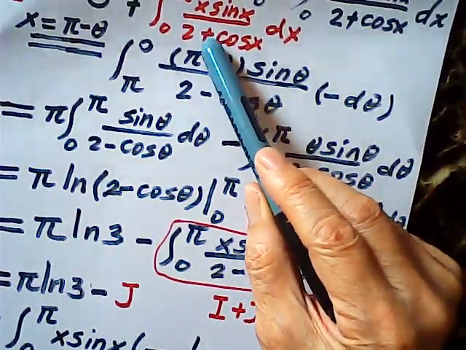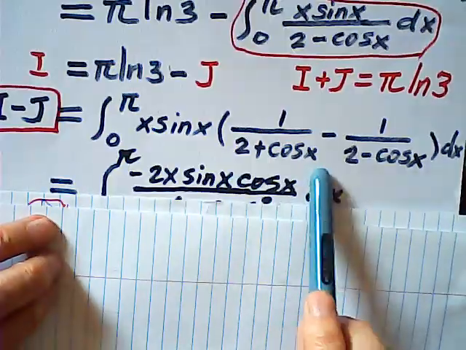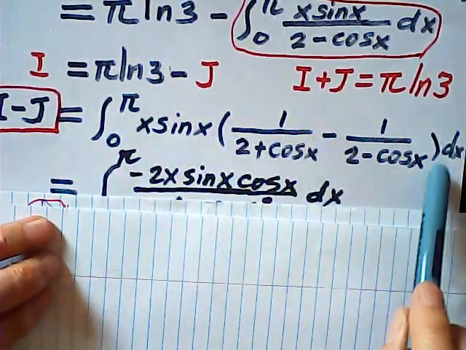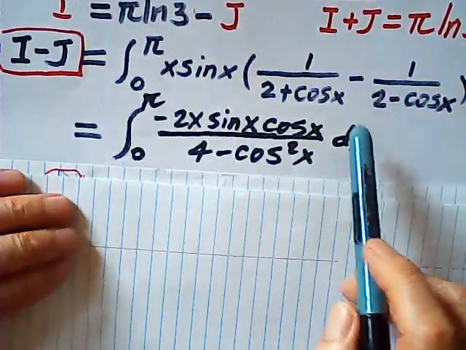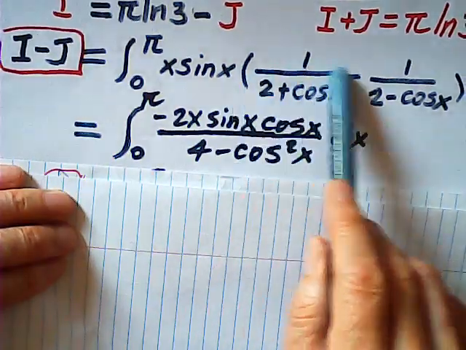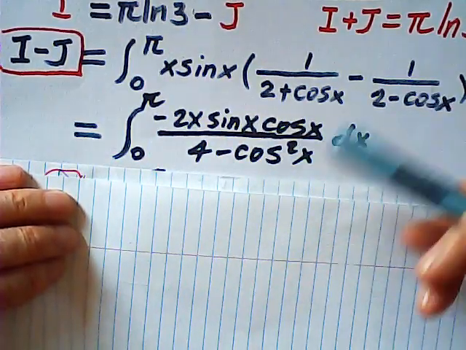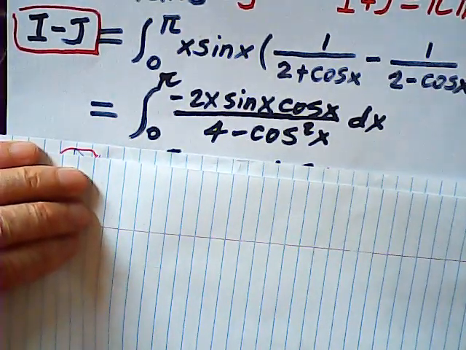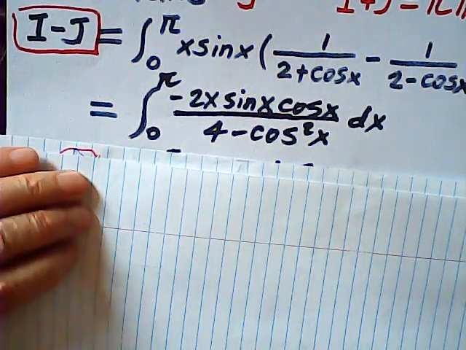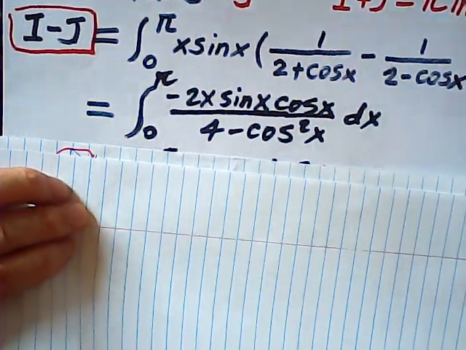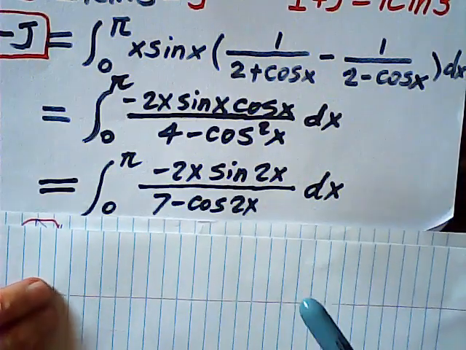This is I, so this is plus, and this is J, so this is minus. Therefore it becomes this integral, and then we simplify by subtraction and we get this. That's easy, just simple algebra. And too much writing, which is the reason I pre-wrote it to present.